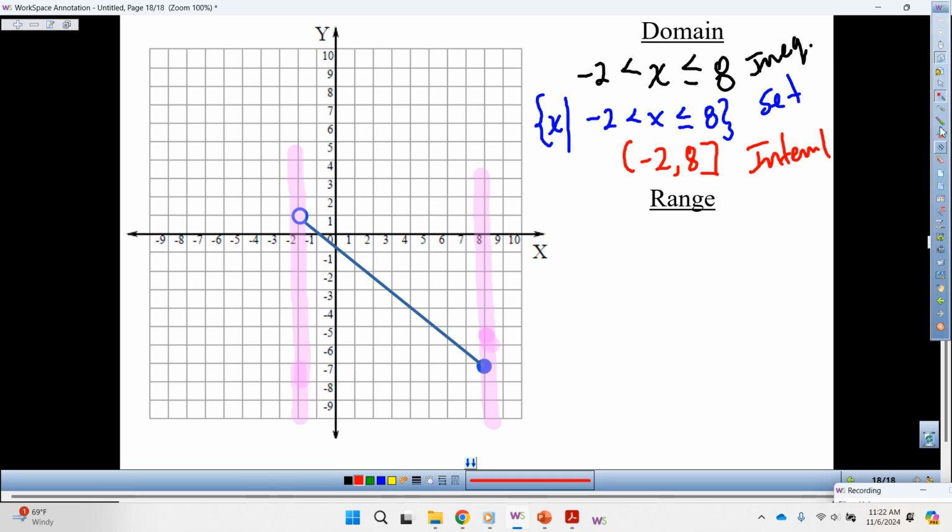I'm going to switch to green, a different highlighter. So, for the y-axis, look up. I'm looking at values starting from the bottom going upwards. So tell your neighbor what's the farthest we go below and what's the farthest we go above on the y-axis. Talk it over with your neighbor, from below to the top.